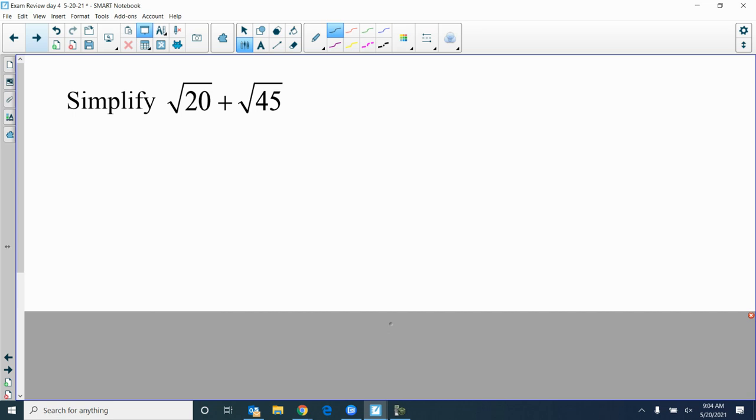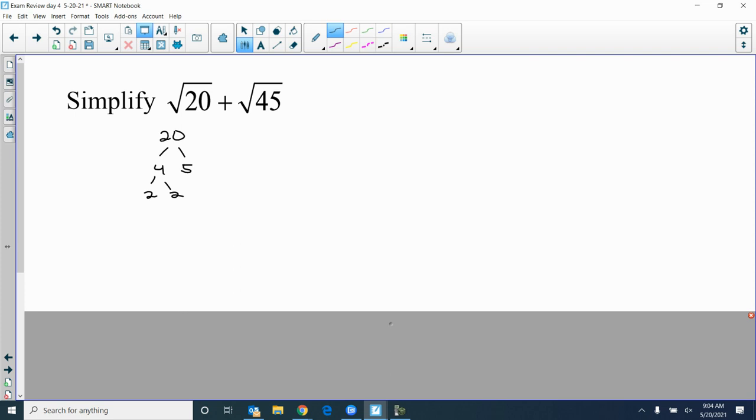So square root of 20 plus square root of 45. 20 is 4 times 5, and 4 is 2 times 2.